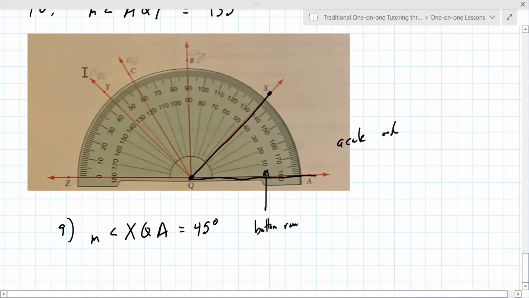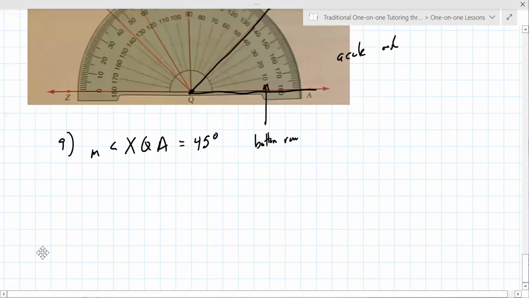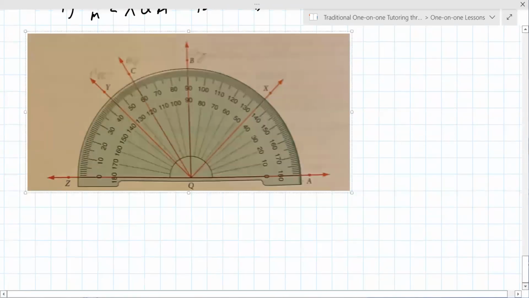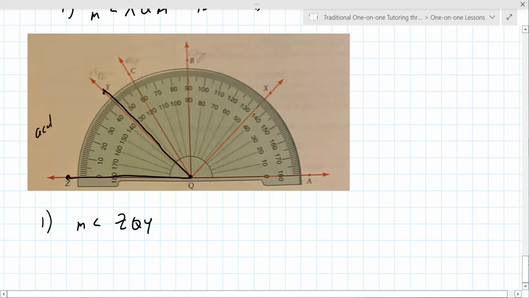Okay, but the problem is it's not always the bottom row. Like it flips when you're on the other side. So I'll show you that here. We're going to do number 11. Number 11 is the measure of angle ZQY. There's Z, there's Q, and there's Y. So it's this angle right here that's acute. But now we're using the top numbers. You see that?